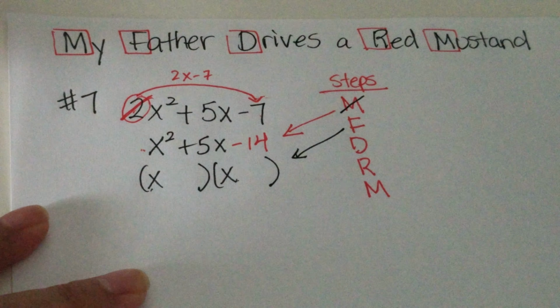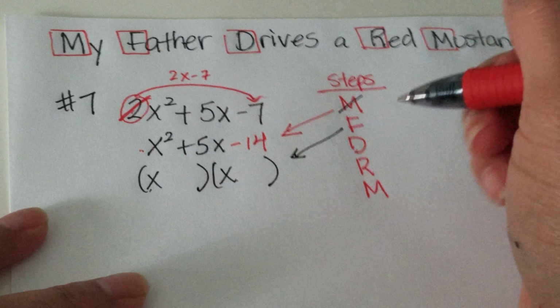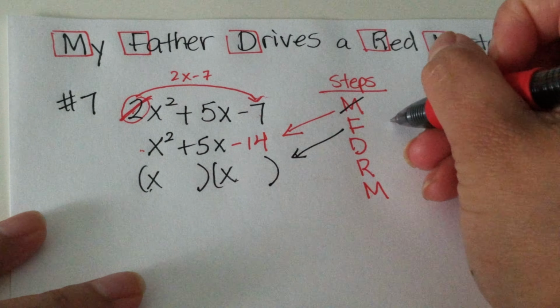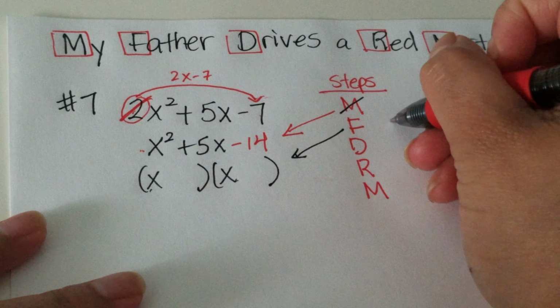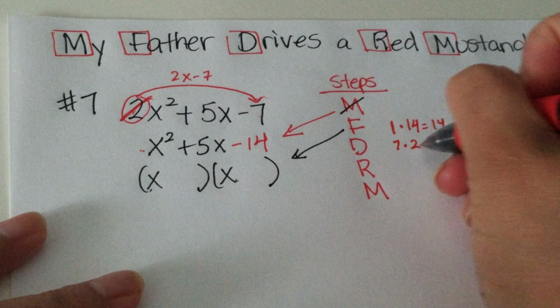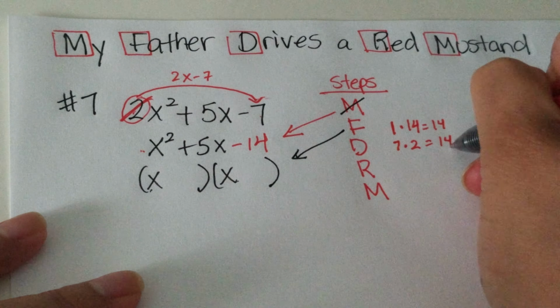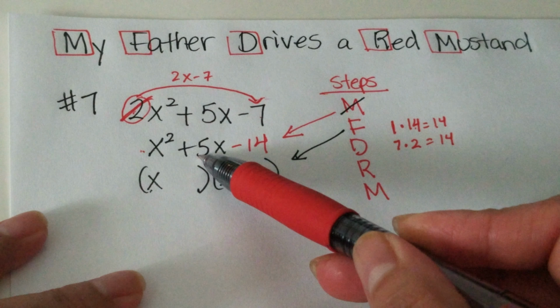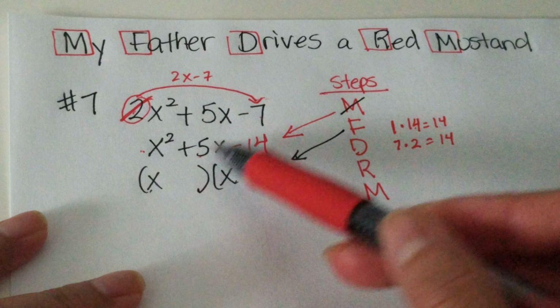Now, if you remember, we find those factors of 14. So 1 times 14 is 14, and also 7 times 2 is also 14. But which pair will give you the sum of 5?